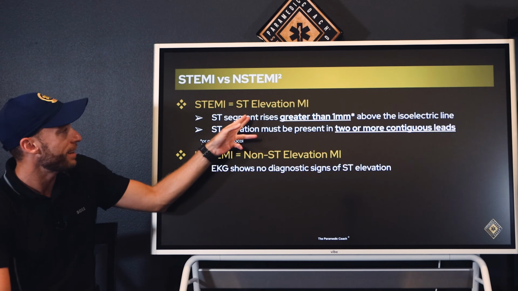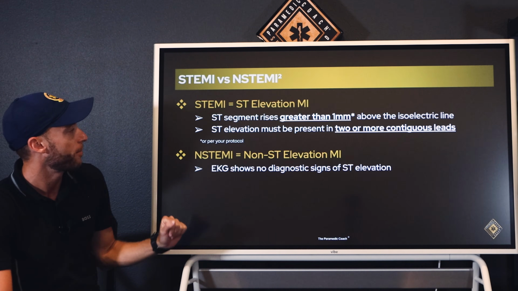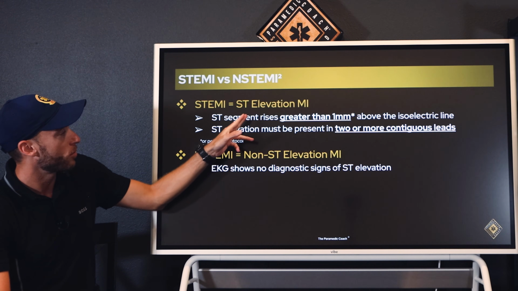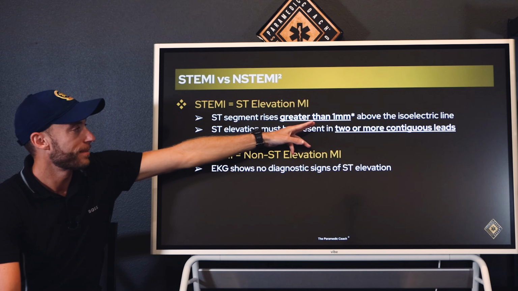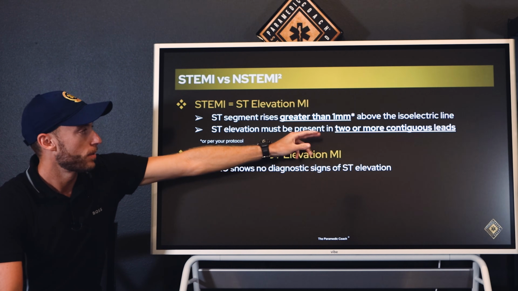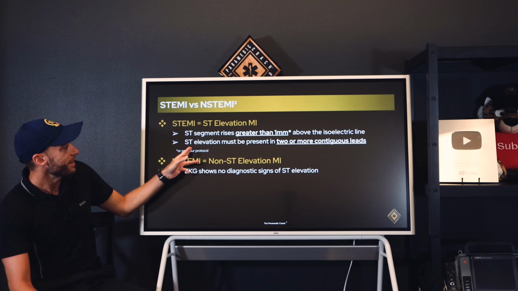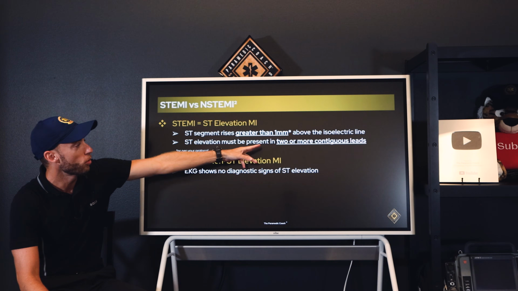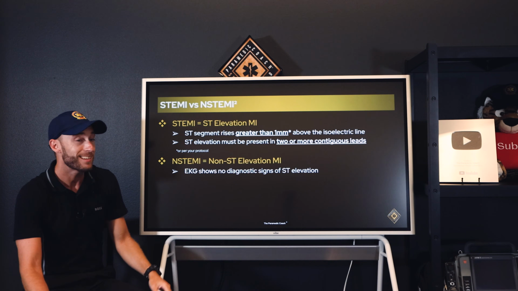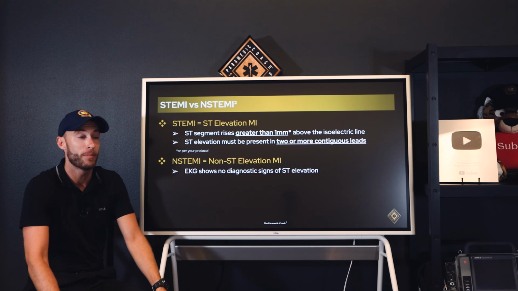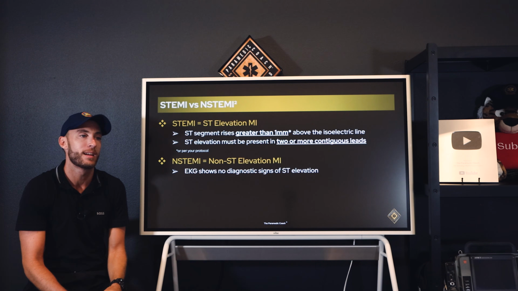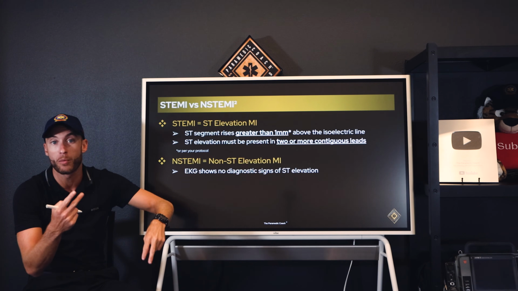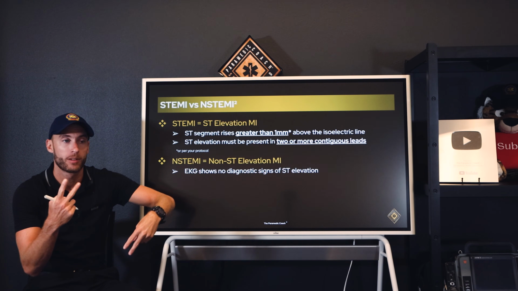So STEMI is an ST elevation MI. The ST segment rises greater than 1 small box on the EKG above the isoelectric line. The ST elevation must be present in 2 or more contiguous leads. That's enough to open the cath lab, or per your protocol, which is why I say that, because in some areas they might say, we want to see 2 up and 2 down, and we're not opening the cath lab for EMS.